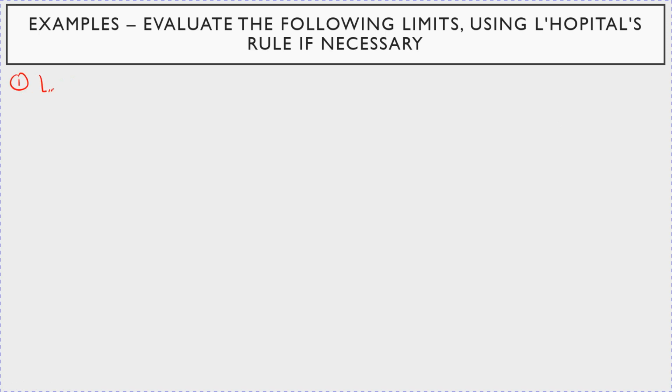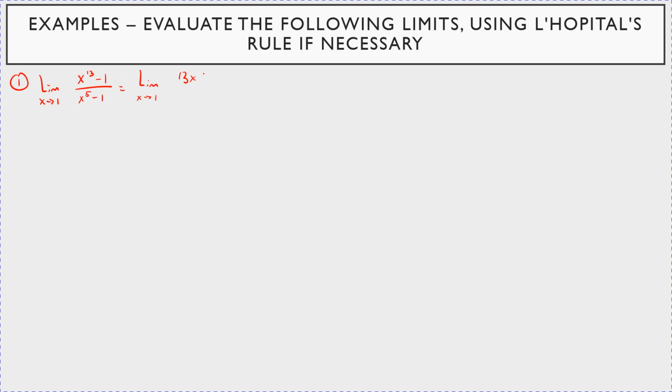Let's do the limit as x goes to 1 of x to the 13th minus 1 over x to the 5th minus 1. Well, look, if you plug in 1, okay, you get 0 over 0. So you get this indeterminate form, okay? So this becomes the limit as x goes to 1. Take the derivative of the numerator.